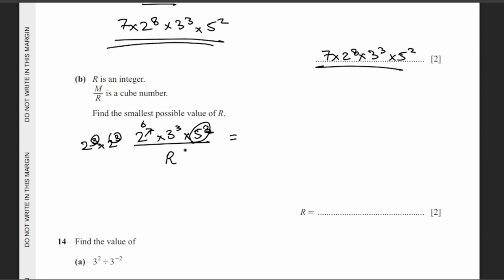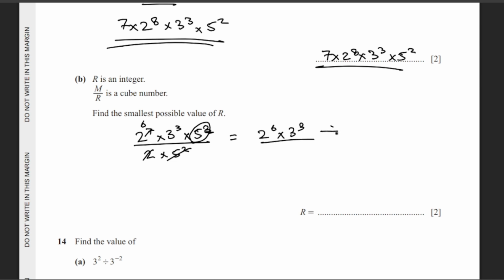We can only subtract. So R would have to be 2 times 5 squared, which would give us 2 to the power of 6 times 3 to the power of 3.